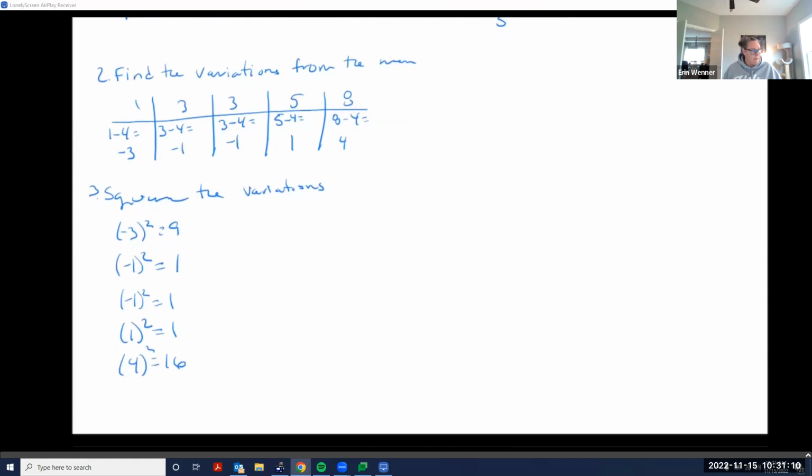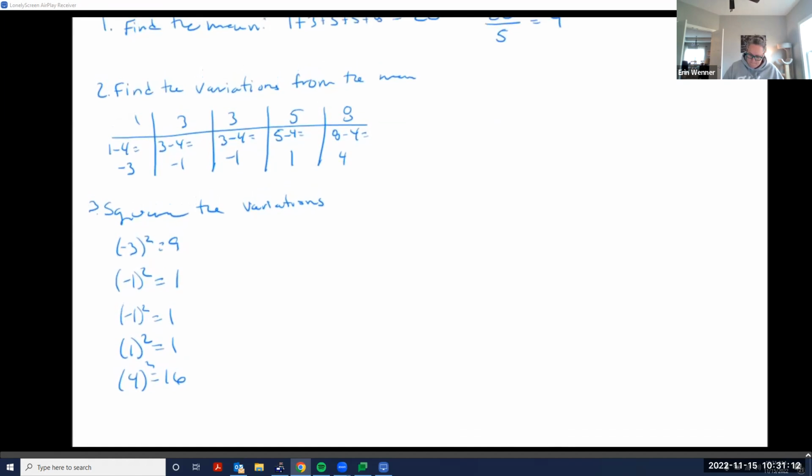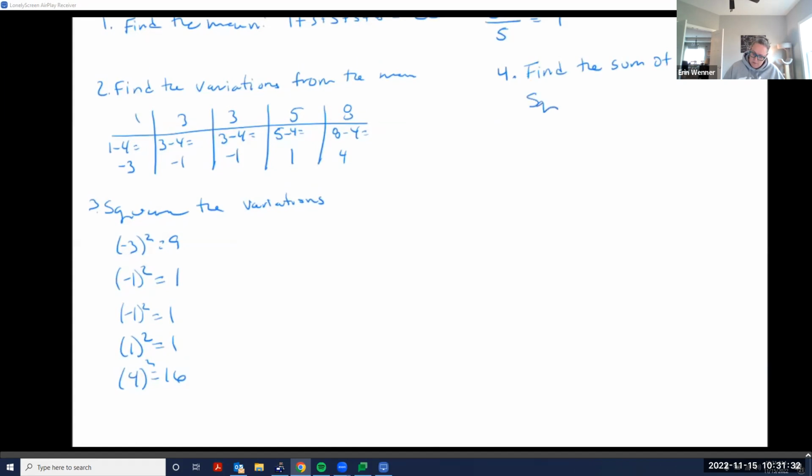Step 4 is to find the sum of the squared variations.